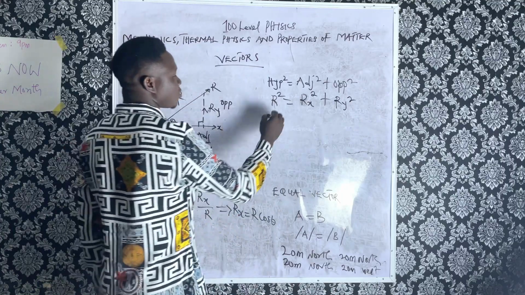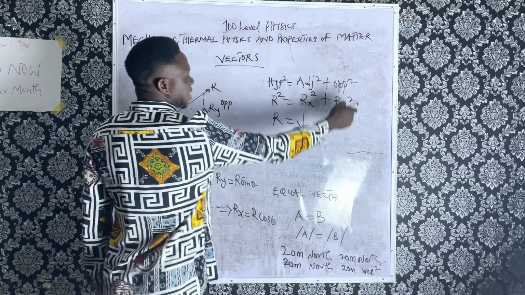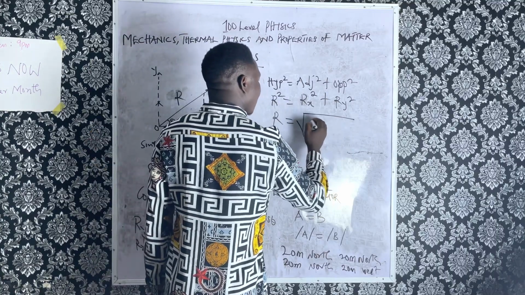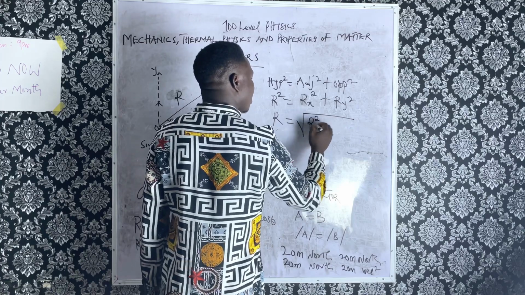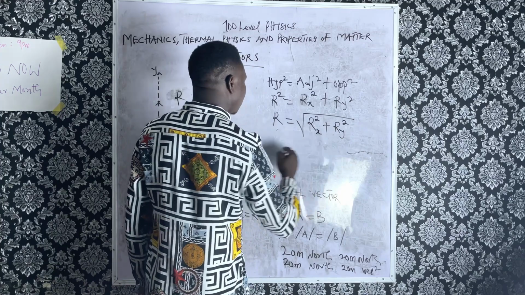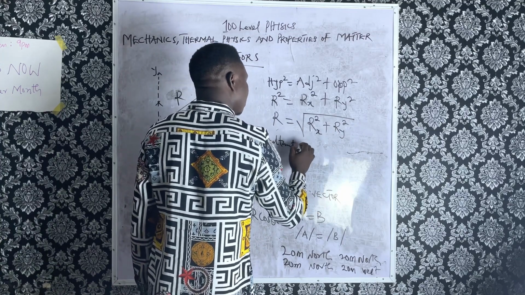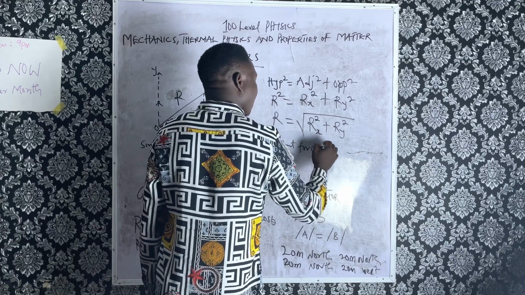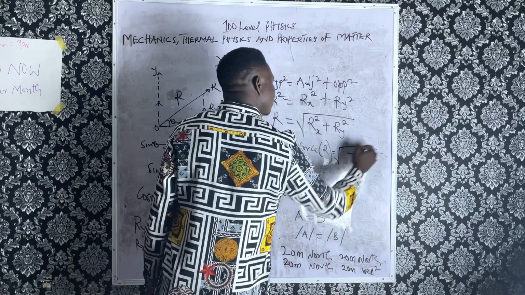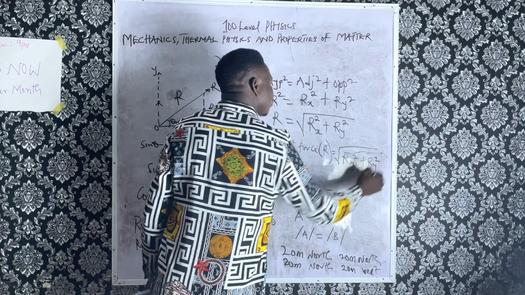For me to get R as the resultant force, I'll take the square to the other side, and as it crosses the equation sign, it becomes a square root. So R equals the square root of Rx squared plus Ry squared. This is what we call the resultant force.